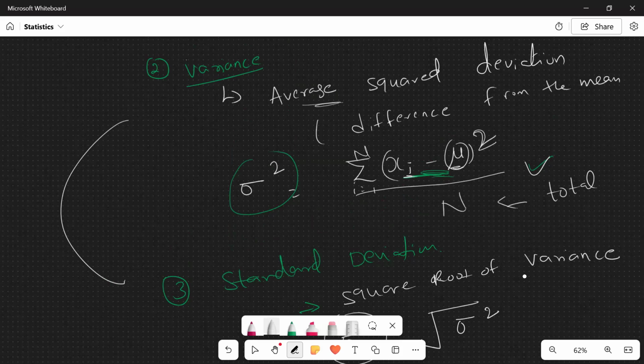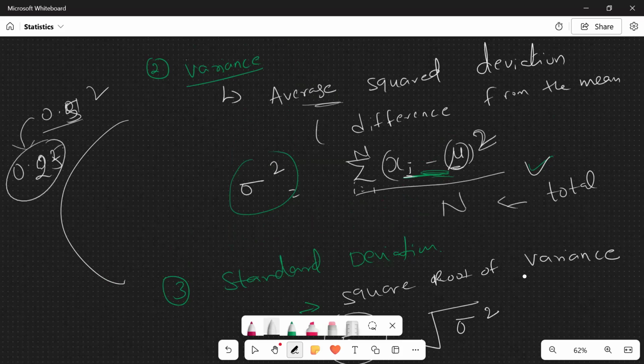For example, say you have a very small amount, 0.01 or 0.5. If you apply the square term, what we get is 0.25, right? It definitely becomes smaller.